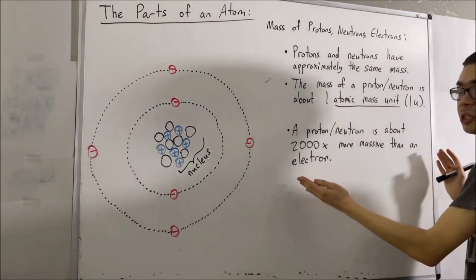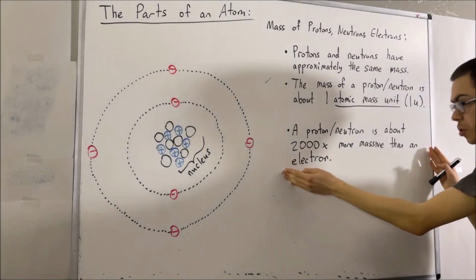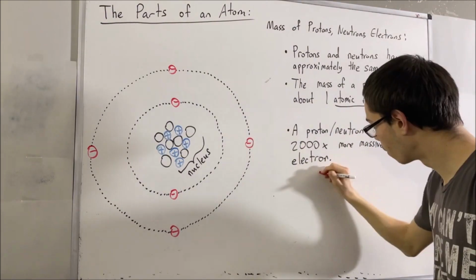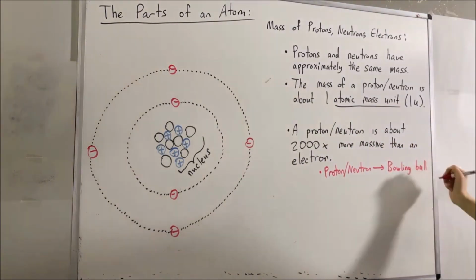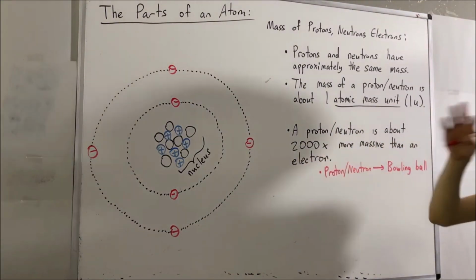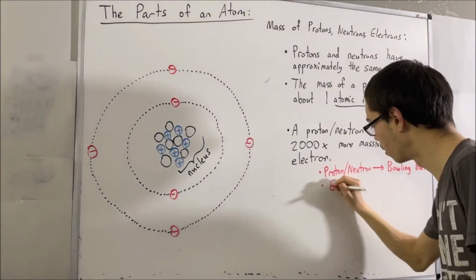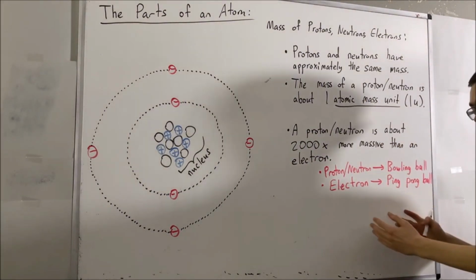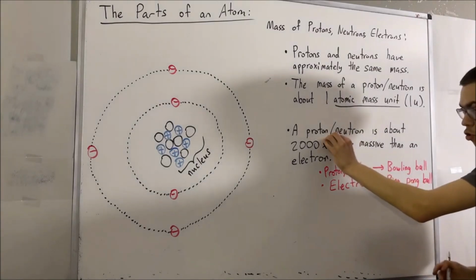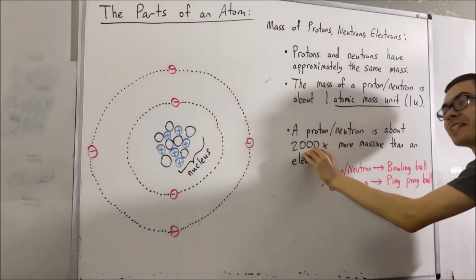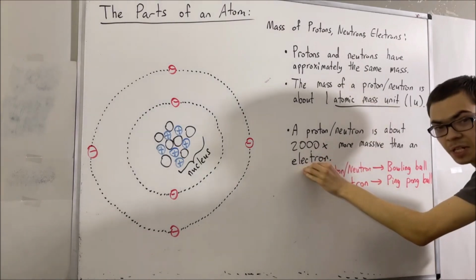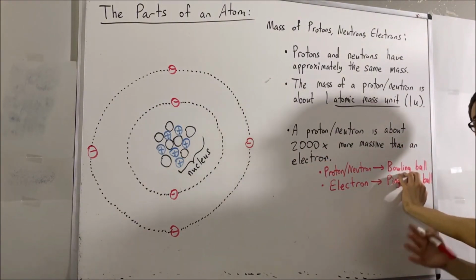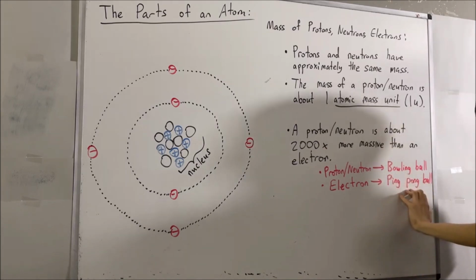And an analogy you could use to think about this is you could think of a proton or a neutron as a bowling ball, as an electron is to a ping pong ball. So what this means is a proton or neutron is about 2,000 times more massive than an electron, just like how a bowling ball is about 2,000 times more massive than a ping pong ball.